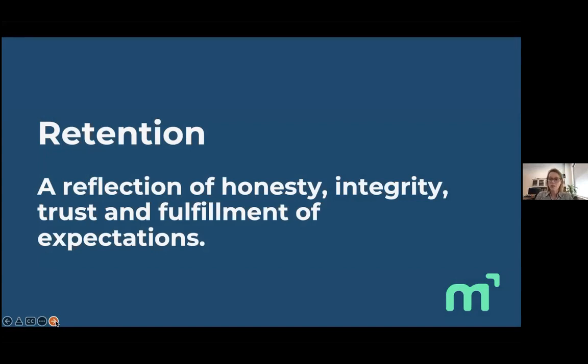It might just be well thought out processes and acknowledgements and thank yous or phone calls, just simple ways that a donor knows that you've received their gift, that you've utilized their gift, and that you're appreciative of their gift.